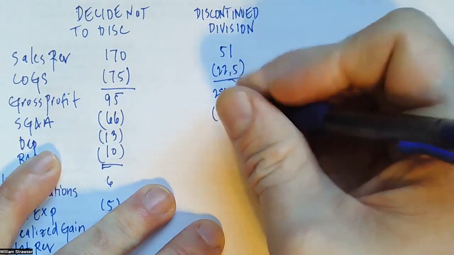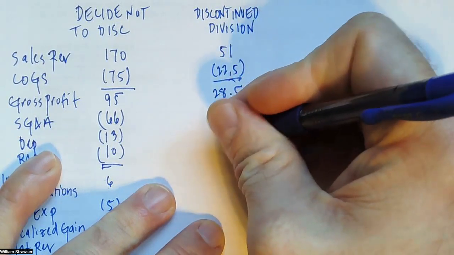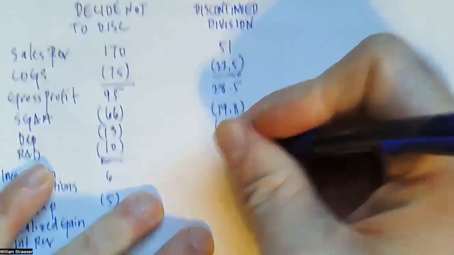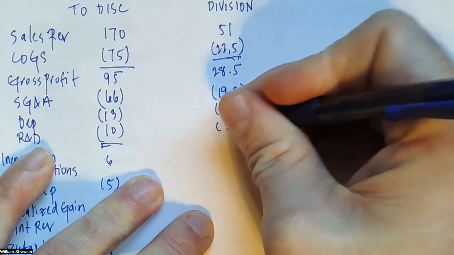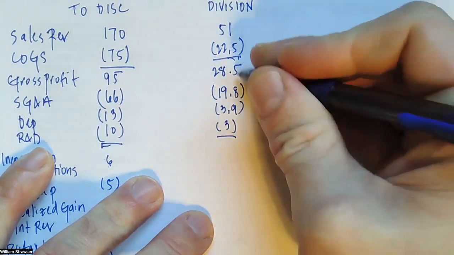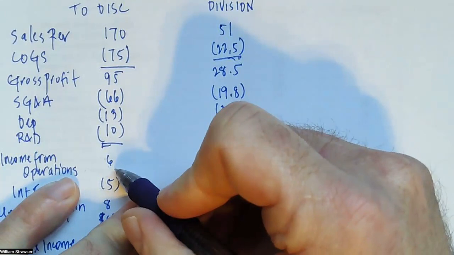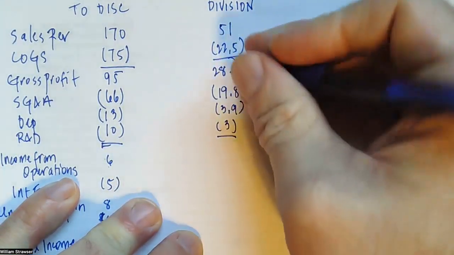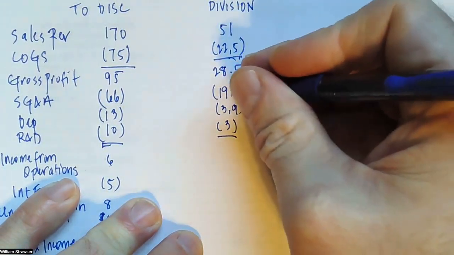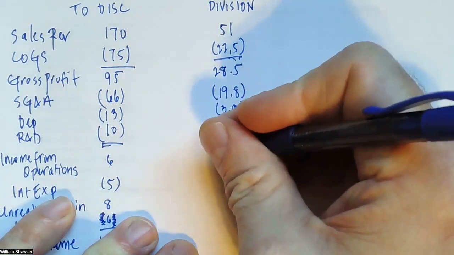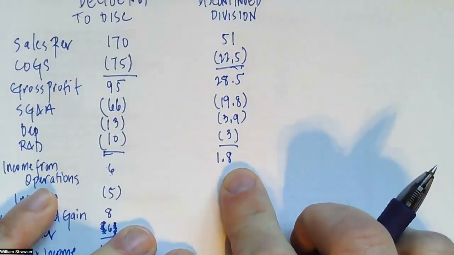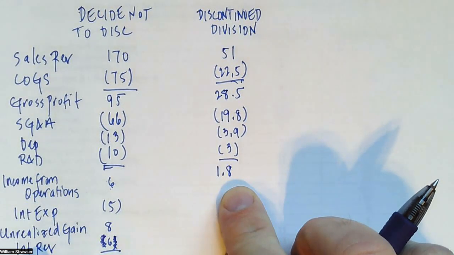The depreciation comes to 3.9. The R&D comes to 3. I add these up again. It should just be 30% of 6, which it is. When I take 28 less these 3, 1.8. So that's my new income from operations for the discontinued division.